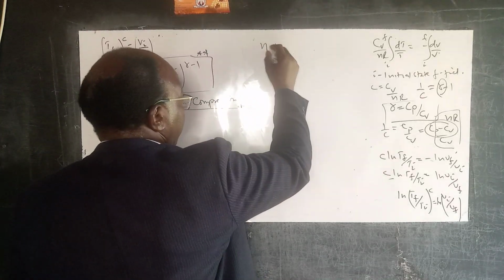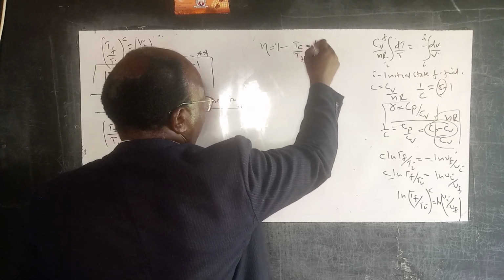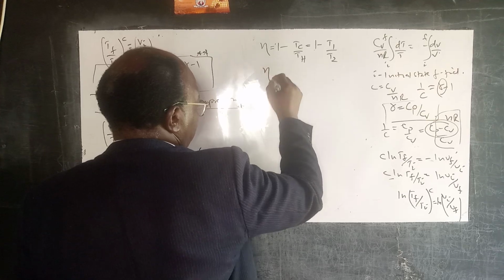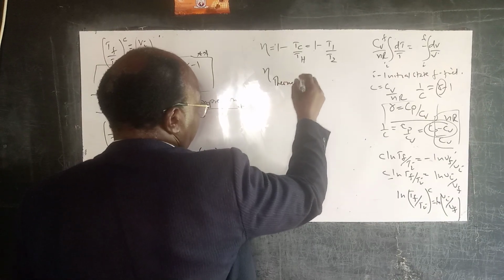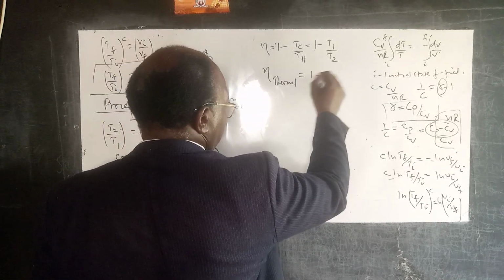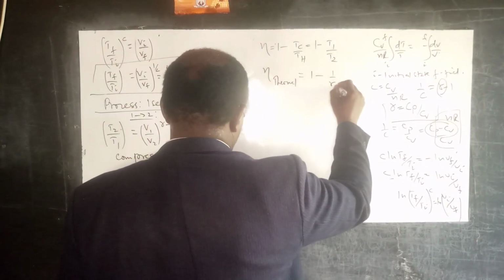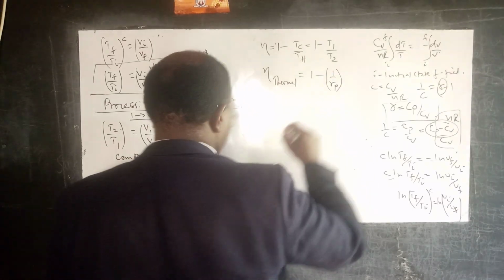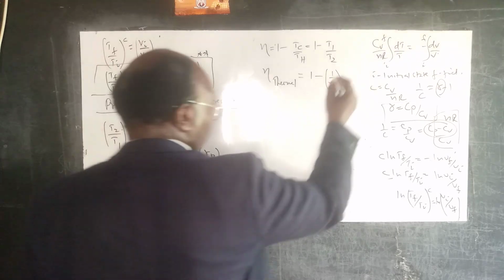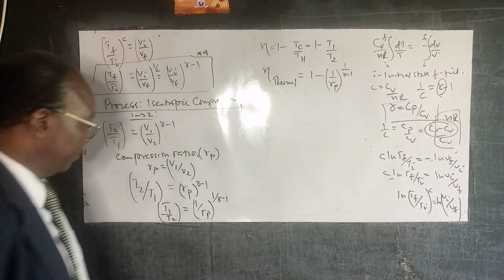Because the efficiency, we said, was 1 minus TC over TH, which is 1 minus T1 over T2. So if we plug that in, the thermal efficiency of that particular process will therefore be given by 1 minus 1 over RP to the power gamma minus 1.